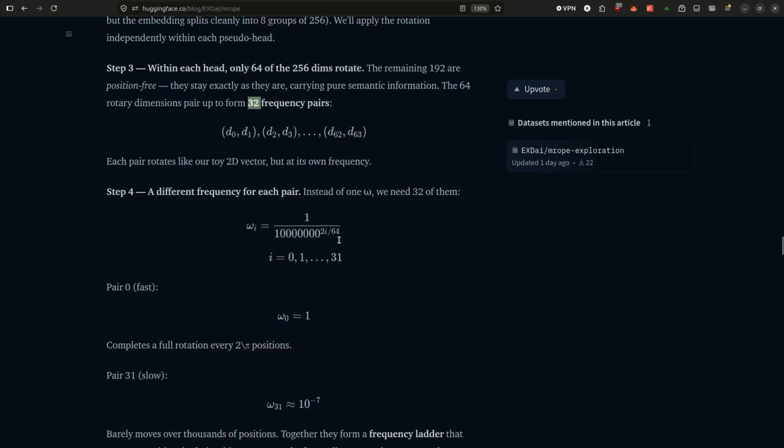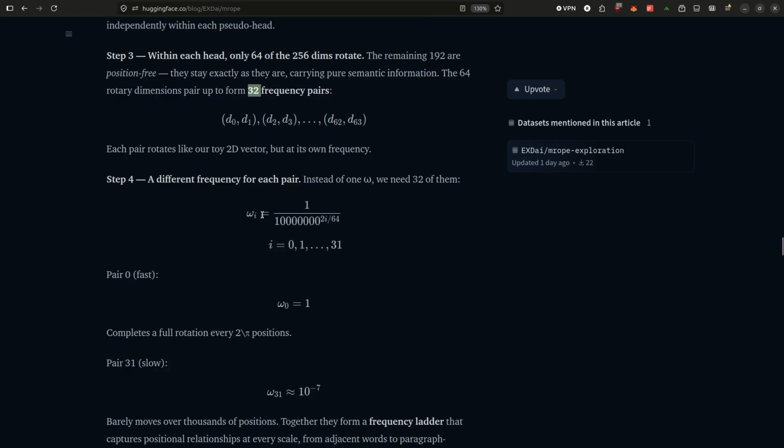And the formula for it is this complicated formula where basically omega is equal to 1 divided by a million to the power of 2i divided by 64, where i is the index. Okay, so even the fast rotation is an extremely small number, as you can see clearly.